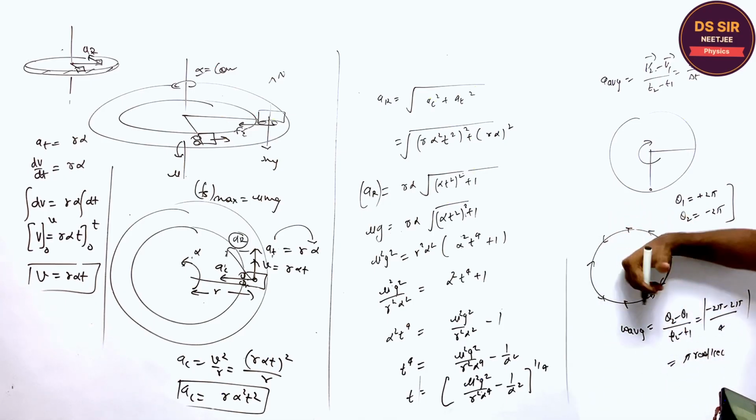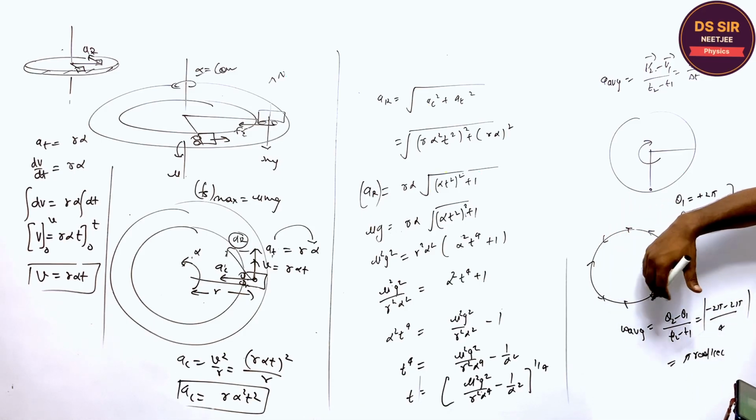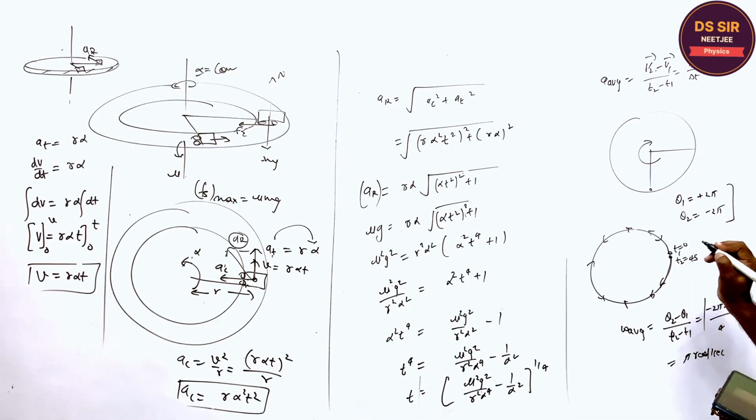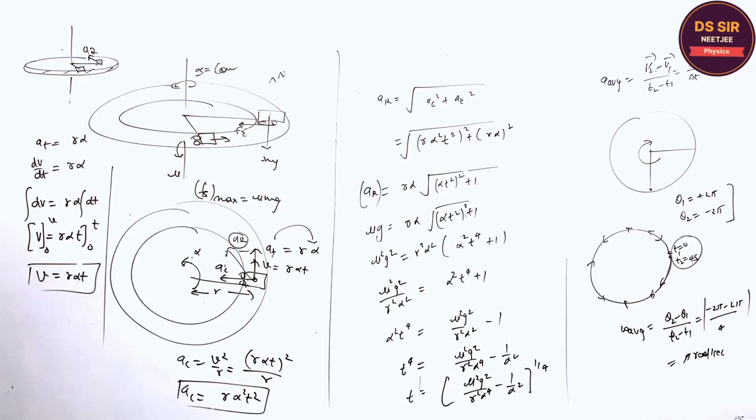It starts from here, so T1 is 0, and when it reaches the same position, it becomes 4 seconds. So T2 minus T1 is nothing but the time difference or time interval between the initial and the final position.